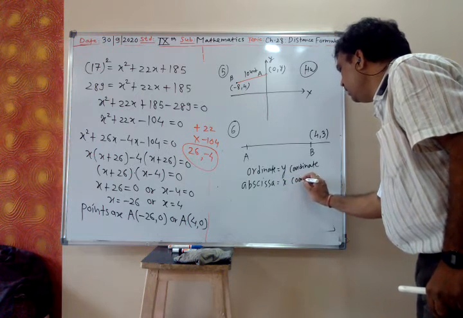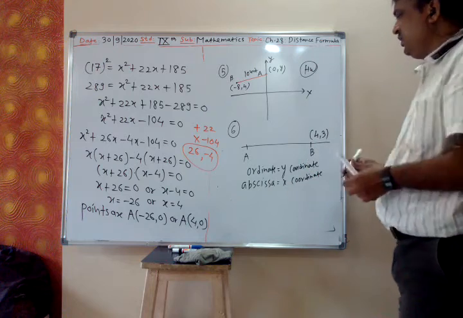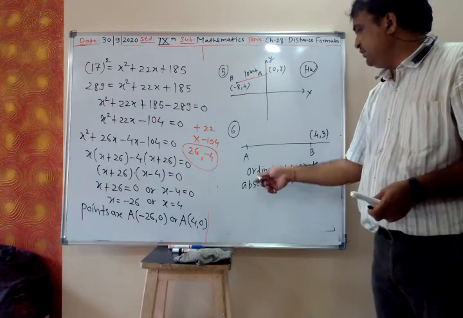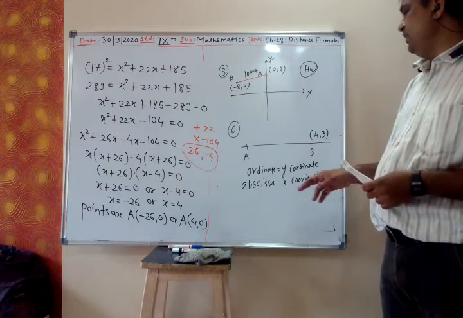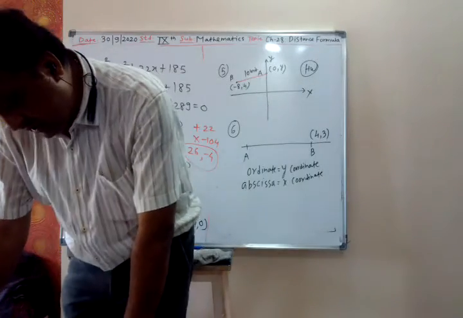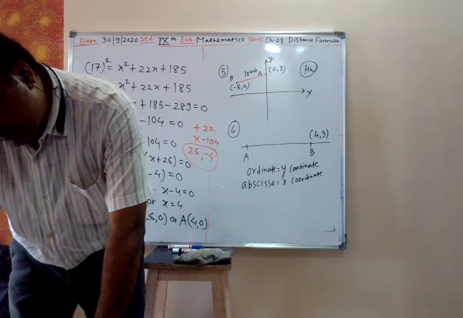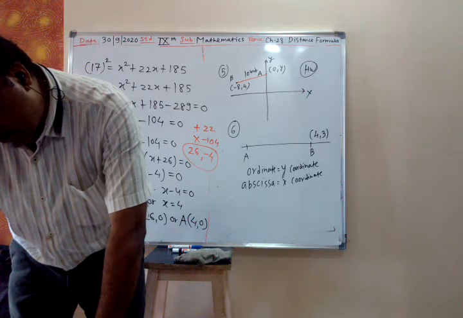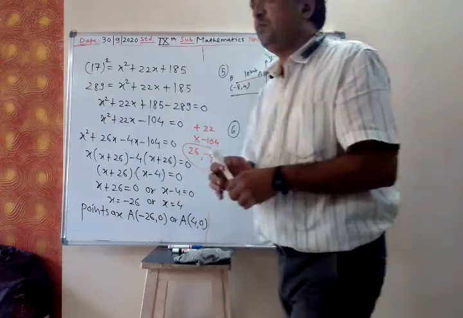So this you remember. Ordinate means y coordinate, abscissa means x coordinate. Now the condition is given. Find the coordinates of the point A if its ordinate is twice its abscissa.